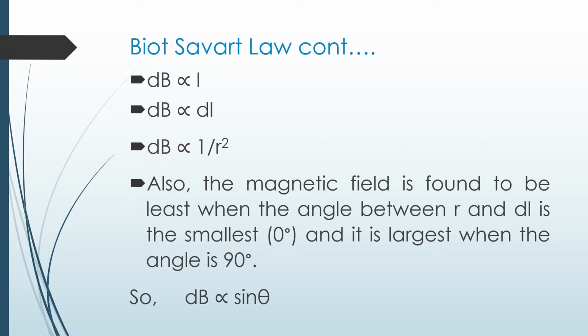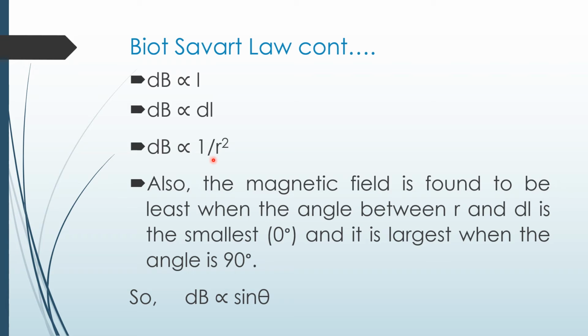Then according to the statement, dB is directly proportional to I, current. dB is directly proportional to dl, that is the small distance we have considered, and this dB is inversely proportional to r square.